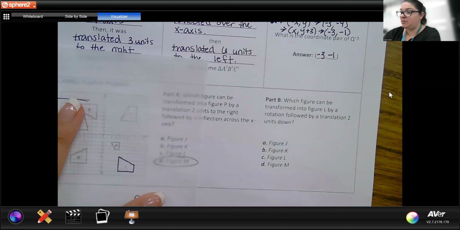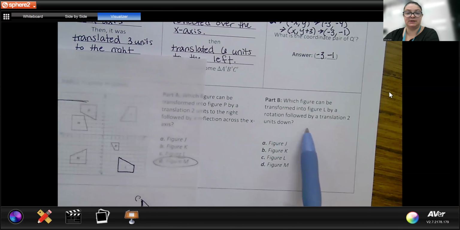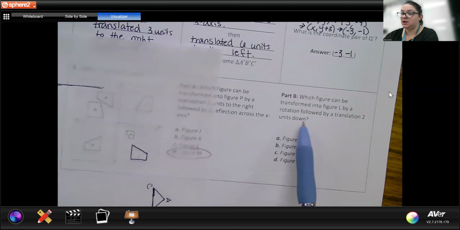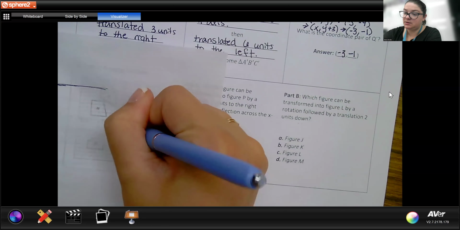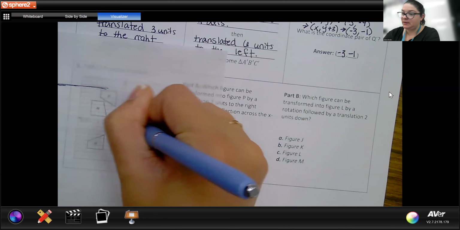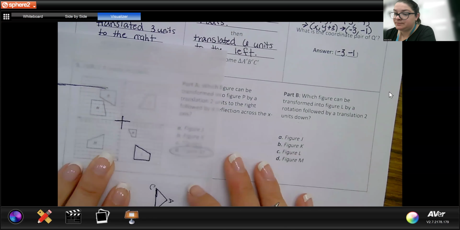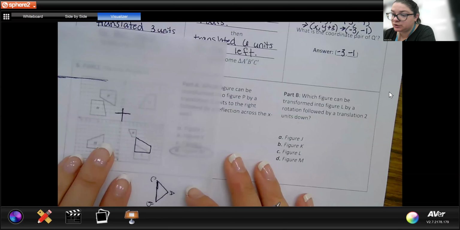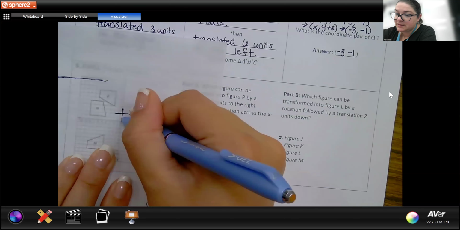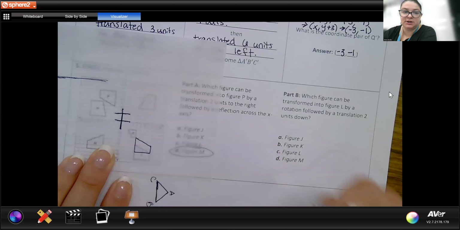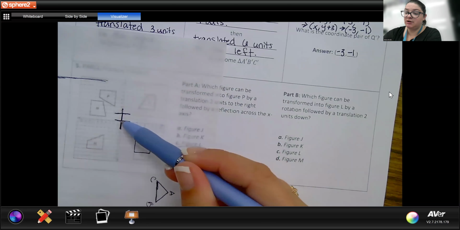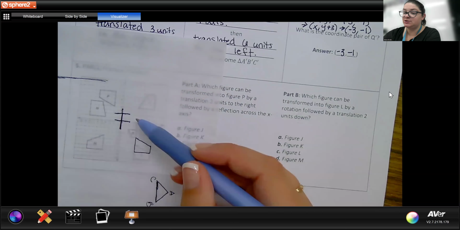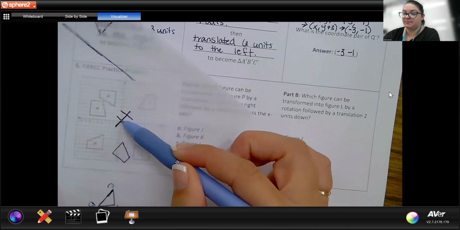But luckily we want to do the translation up first because we're going backwards. So here is my shape L. I'm going to go 2 units up. So 1, 2. That then puts my origin here. Now I'm going to rotate it, I'm just going to keep rotating it until it matches up with something.